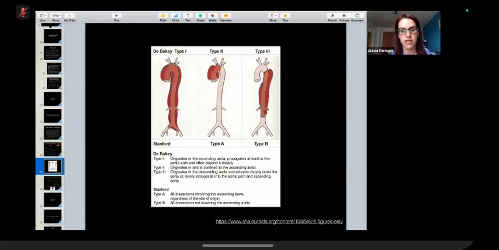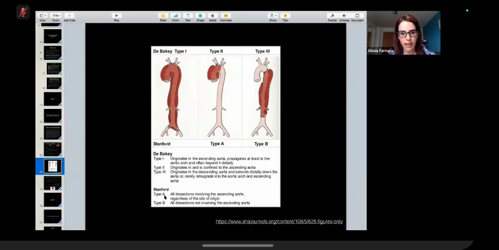Type 2 originates in and is confined to the ascending aorta. And type 3 originates in the descending thoracic aorta and extends distally down the aorta, or rarely, it can go retrograde into the aortic arch and the ascending aorta, as in this case.